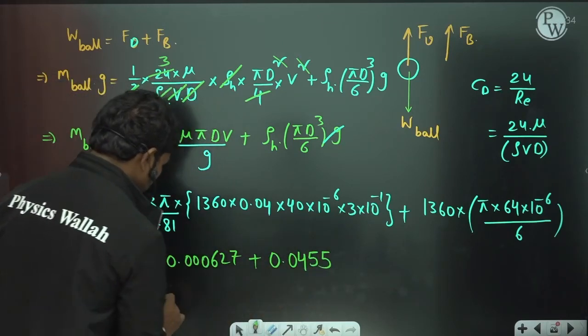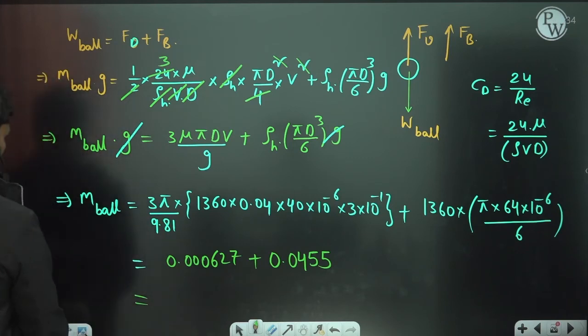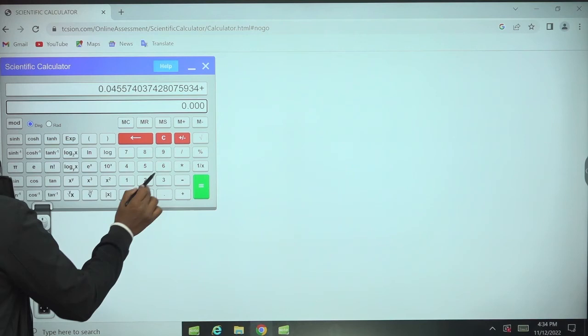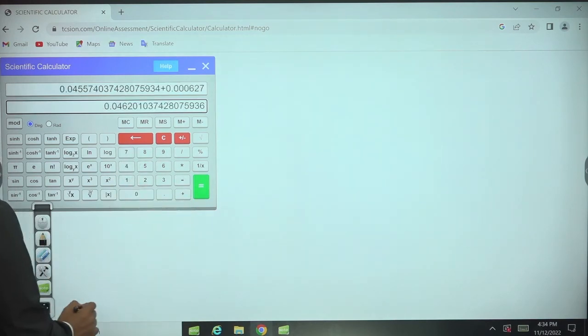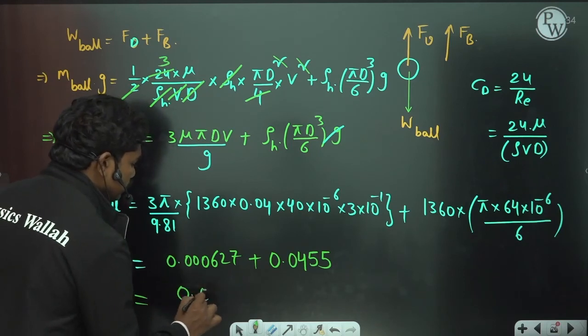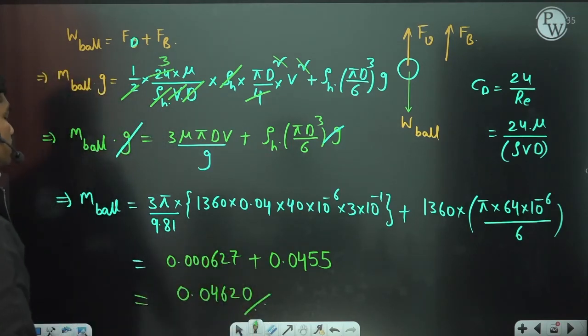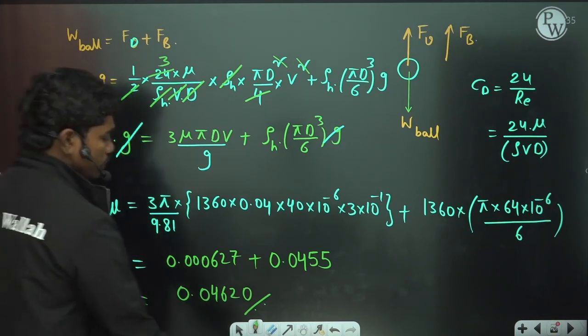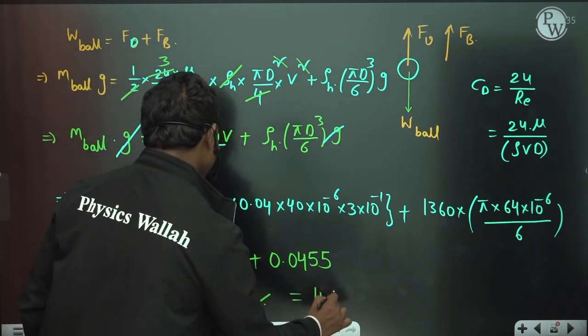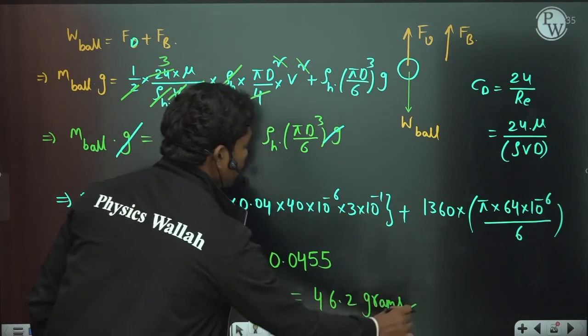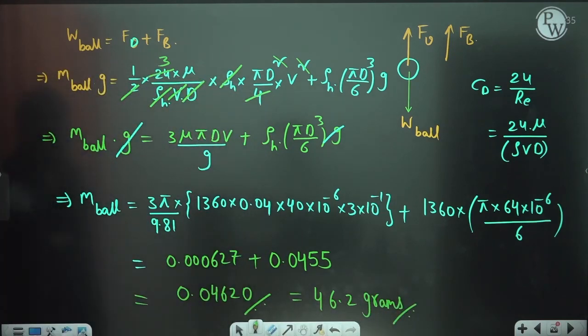If you sum up these two quantities, plus 0.000627, you get 0.04620. This is the mass of the ball in kgs. In grams, if you want, this is 46.2 grams, the total mass of the ball.